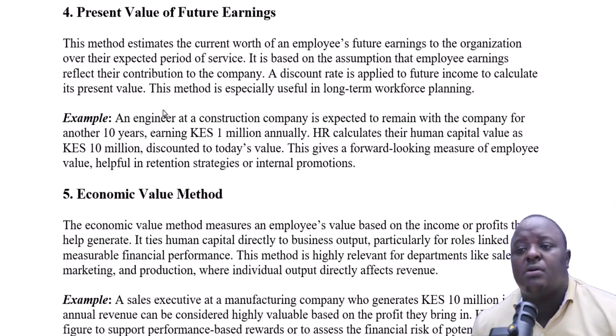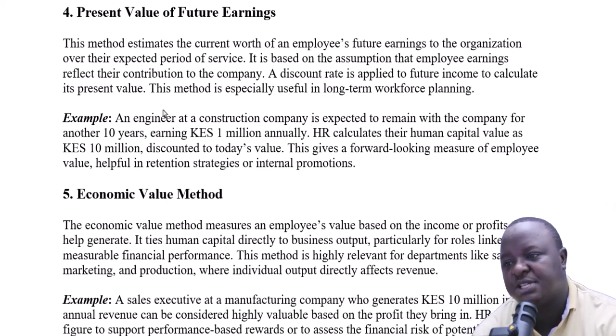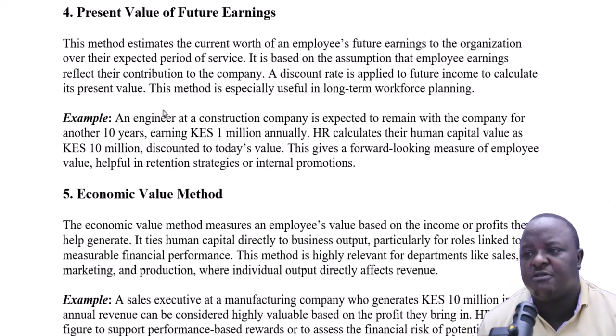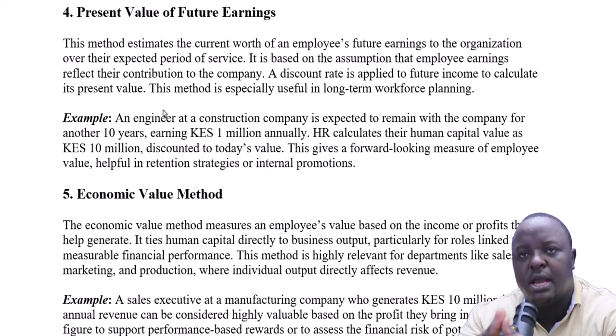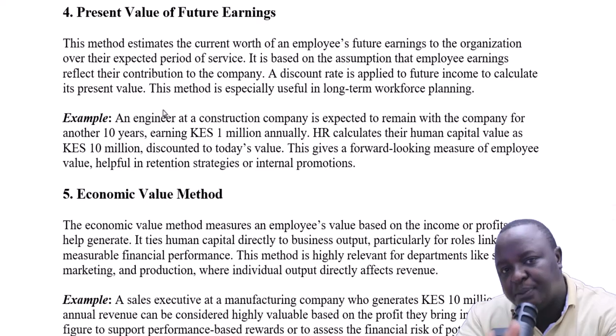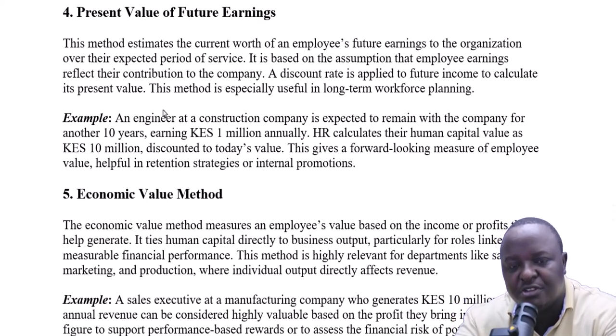Now we have the fourth method, which is the present value of future earnings. Here we take into consideration, probably through speculation, that this employee is likely to be in this organization for, let's say, the next 10 or 15 years.